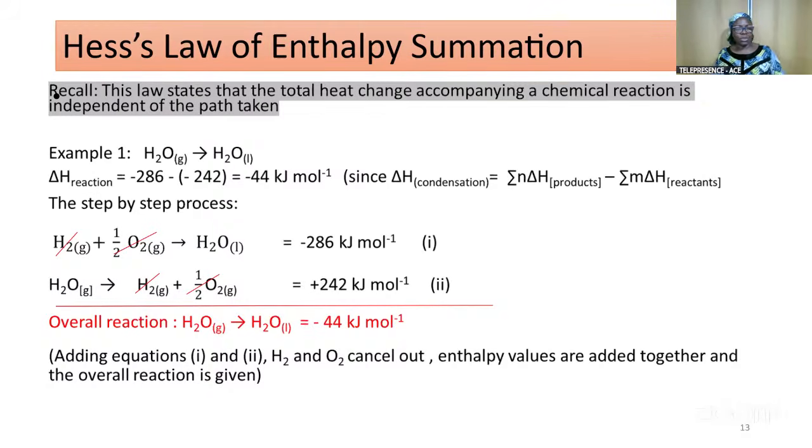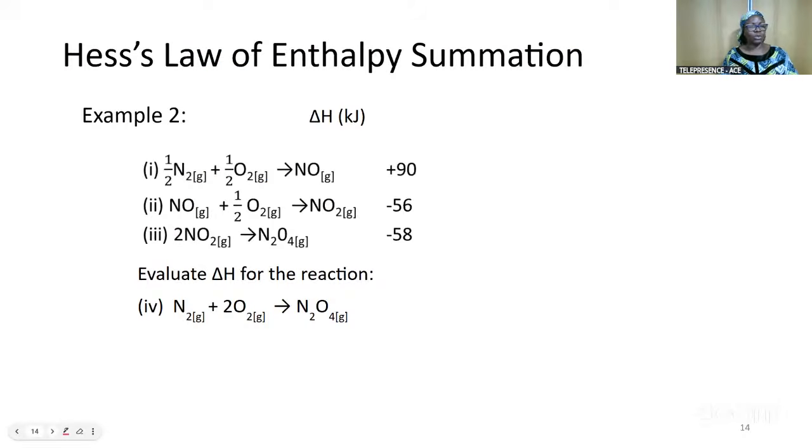So if we add equations 1 and 2, we will see that H2 and O2 will cancel out, and then we can sum these two enthalpies. So summing them is going to leave us with minus 44 kilojoule per mole. So that is one way to apply Hess's law. It's very simple, very versatile at the same time, and very interesting once you know it. Let's look at this example.